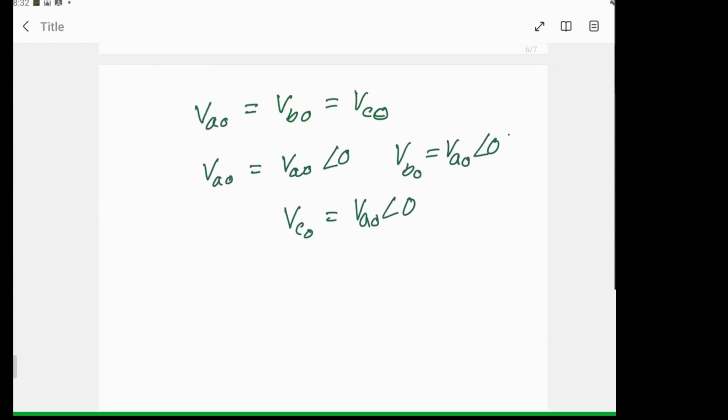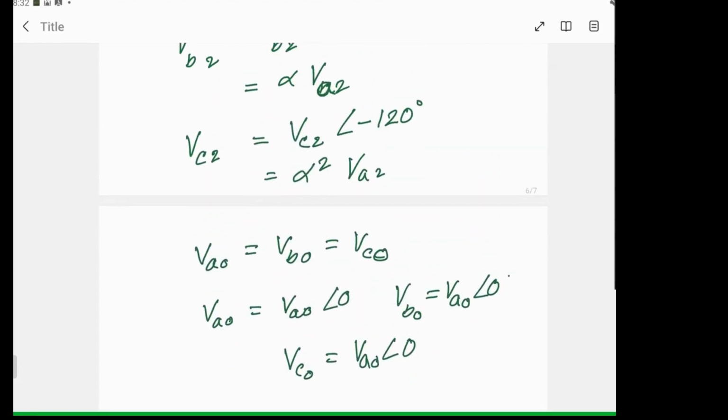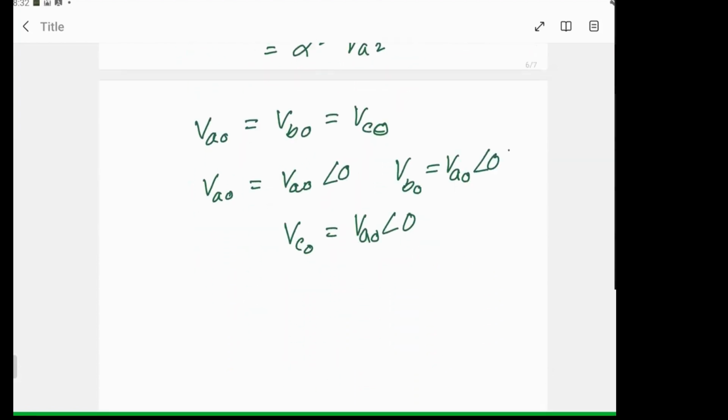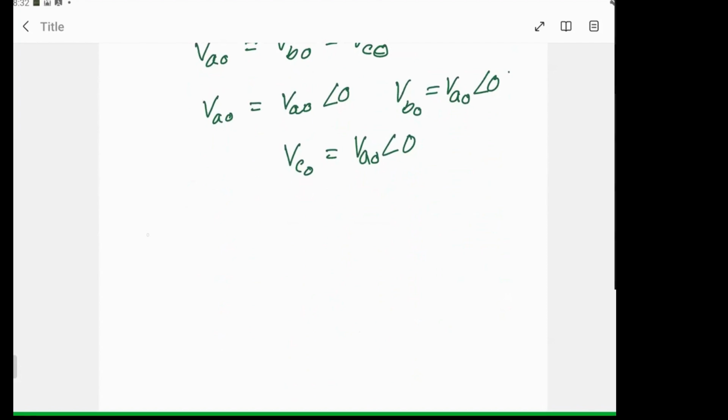Now, we have mentioned that if I add these three sequences, I will find the unbalanced system. That means if I want to find the line A voltage of my faulty unbalanced system, I have not used any subscript. That means this is the original system that has been decomposed.